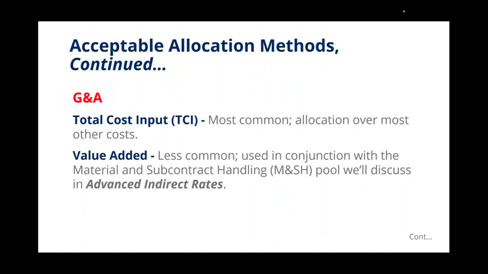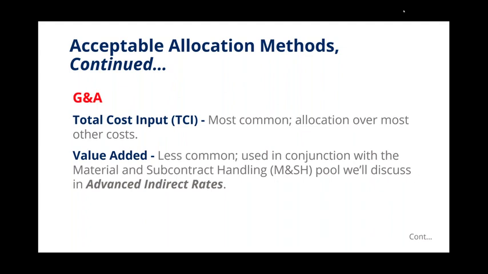So even though we call it total cost input, we're taking all the G&A costs and essentially allocating them over all of the other costs. So that would be direct, fringe, and overhead. There are some exceptions to that, particularly with unallowable costs. They get in there and cause some problems to the math.